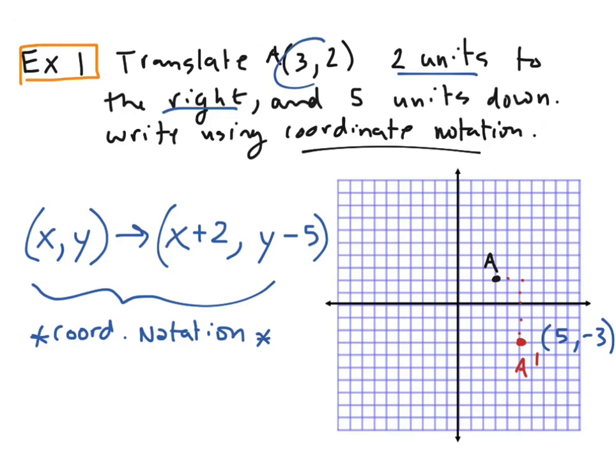And if I just take these, I start out with 3. 3 plus 2 is 5. Oh, look at that! And 2 minus 5 is negative 3. Woo, we got it! So that's just two ways to do stuff like that.